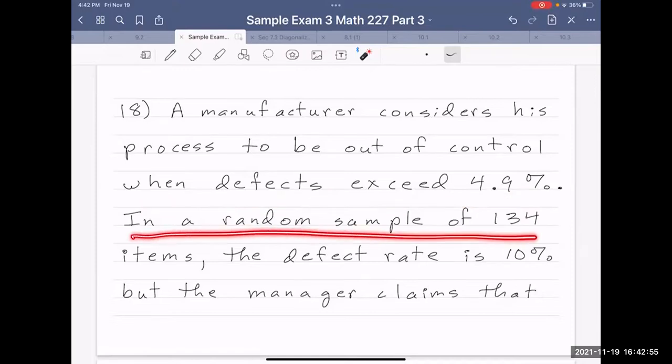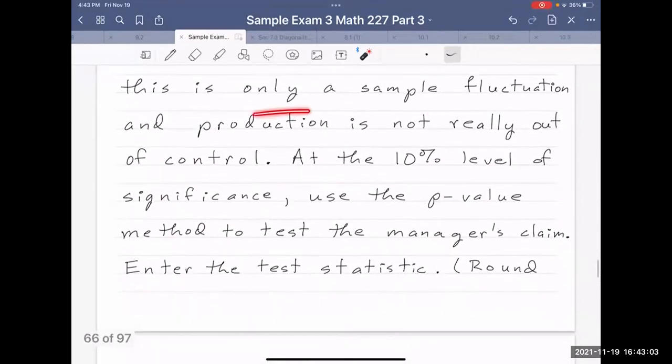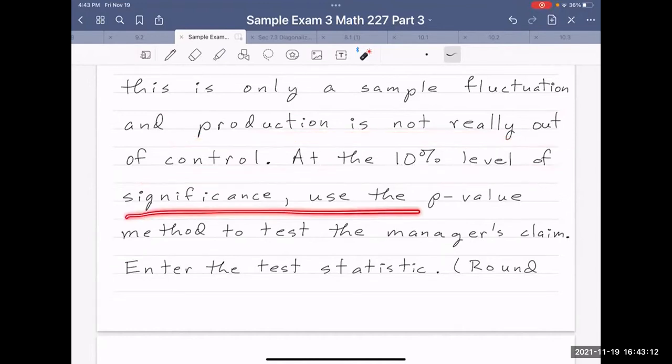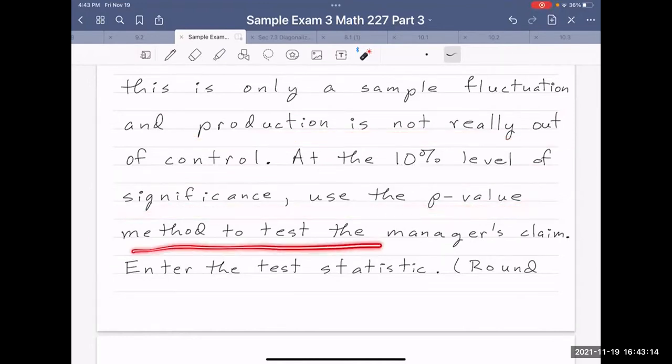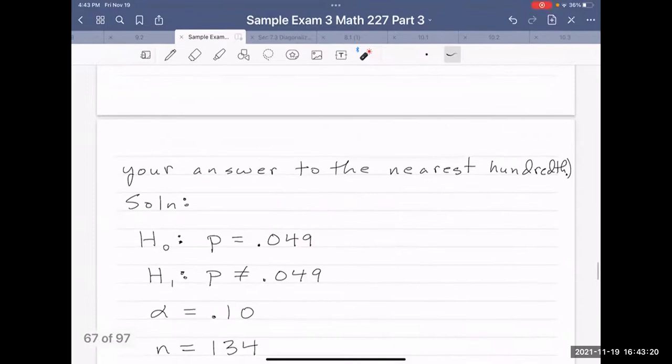In a random sample of 134 items, the defect rate is 10%, but the manager claims that this is only sample fluctuation, and production is not really out of control. At the 10% level of significance, use the p-value method to test the manager's claim, enter the test statistic, round your answer to the nearest hundredth.